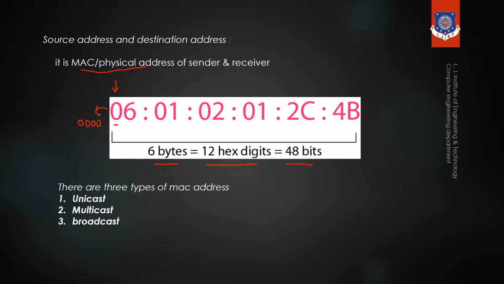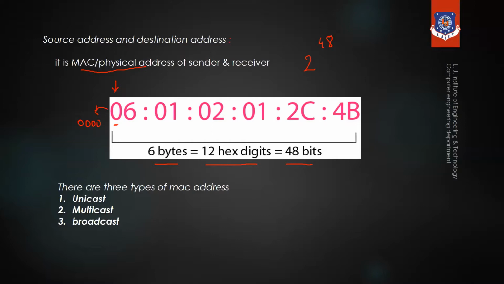The MAC address allocation is administered by IEEE, and there are a total of 2 raised to 48 addresses available worldwide. So if any manufacturer wants to use MAC addresses, they have to purchase a slot of MAC addresses from the IEEE.